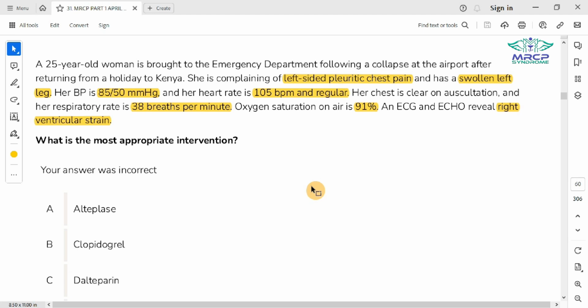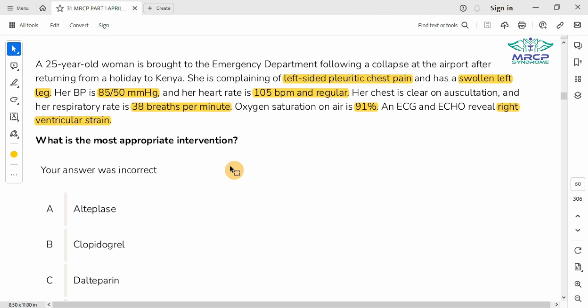The blood pressure is 85 by 50 millimeter mercury, and heart rate is 105 beats per minute and regular. Her chest is clear on auscultation, and the respiratory rate is 38 breaths per minute. The oxygen saturation on air is 91%. ECG and echo reveal right ventricular strain. So what is the most appropriate intervention?